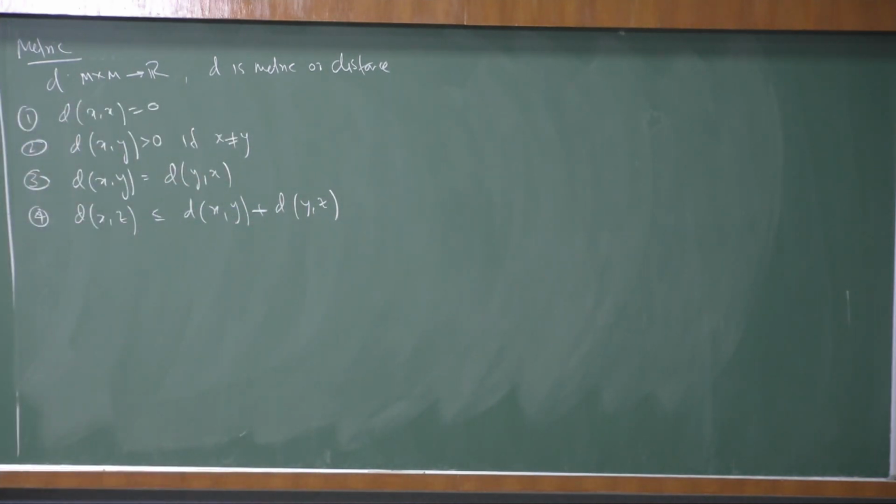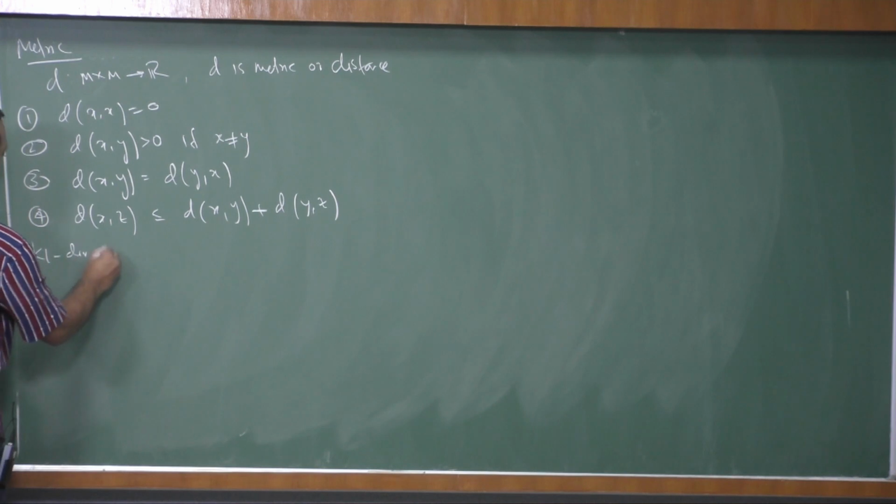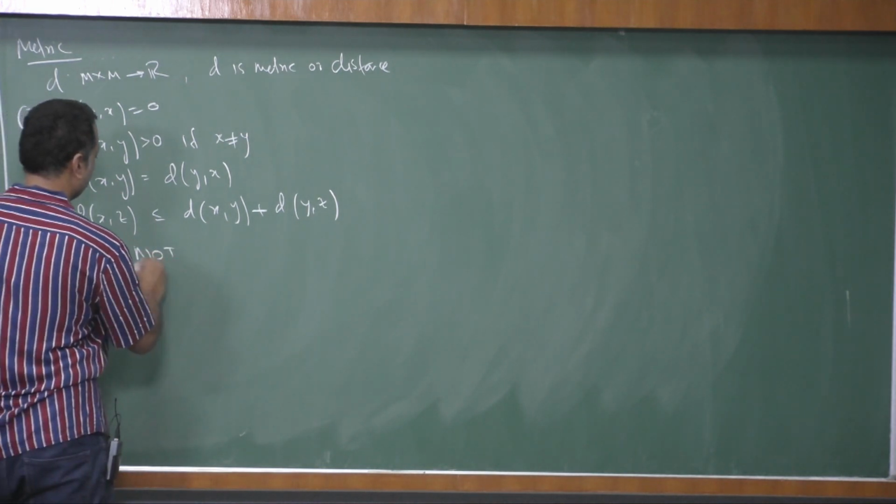So this is how in vector space we define a proper metric, and what we have just shown is that KL divergence is not a metric.